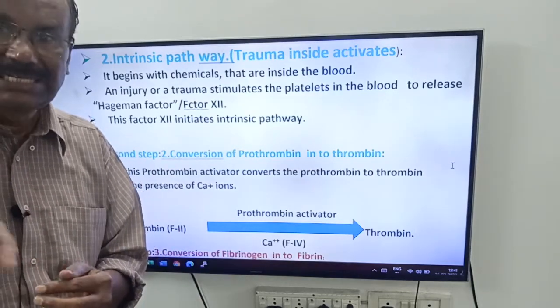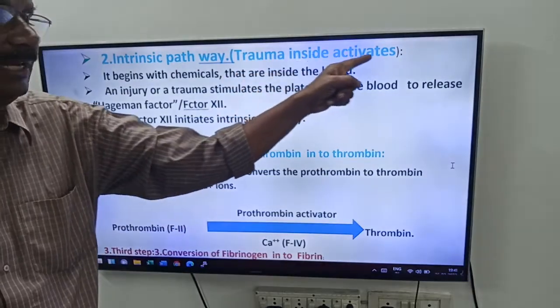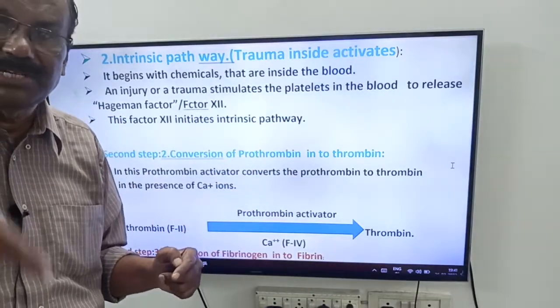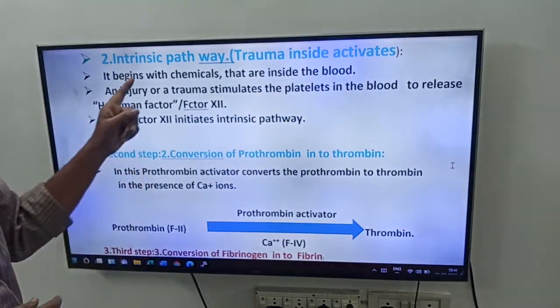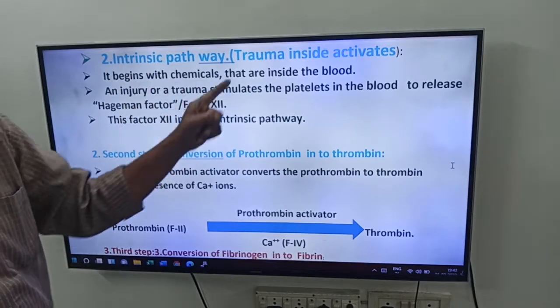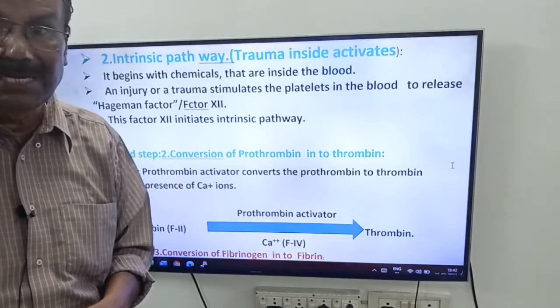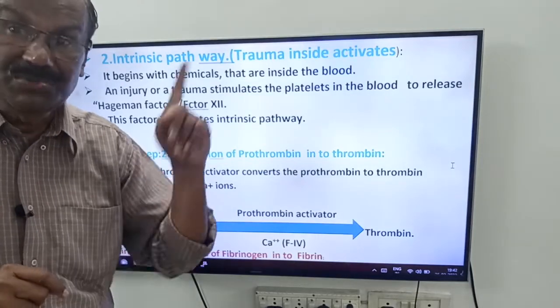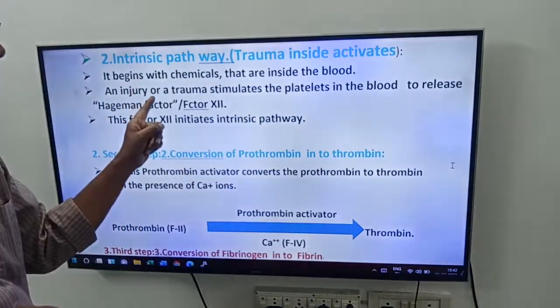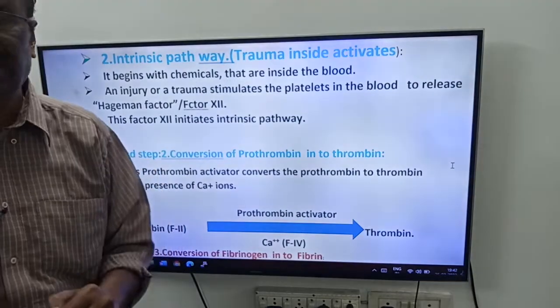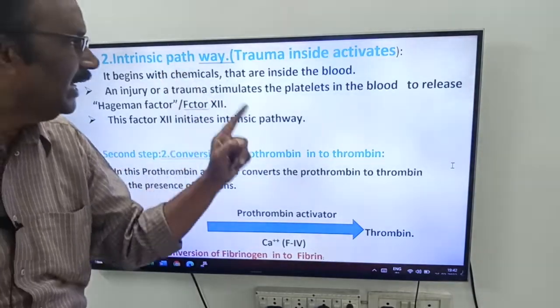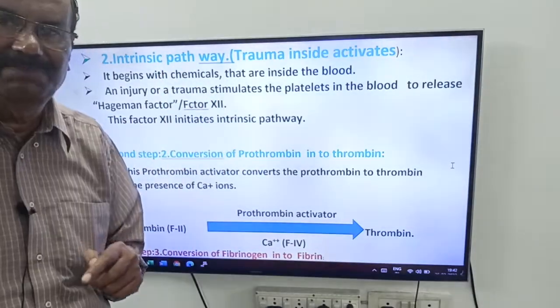That is called trauma inside activating the formation of prothrombin activator. It begins with chemicals that are inside the blood. In the extrinsic pathway the chemicals are from outside the blood, while the intrinsic pathway begins with chemicals inside the blood.